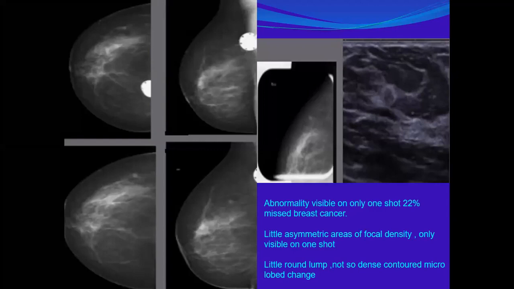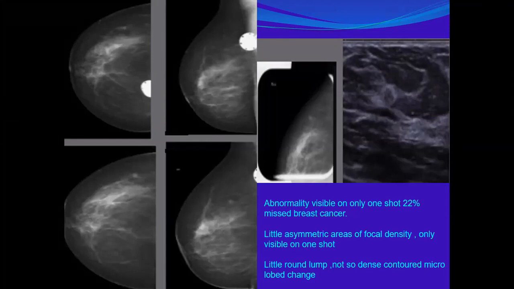The first row, you can see a small focal asymmetry in the outer CC, but not appreciated in the MLO. So it represents an asymmetry, so it's probably benign.